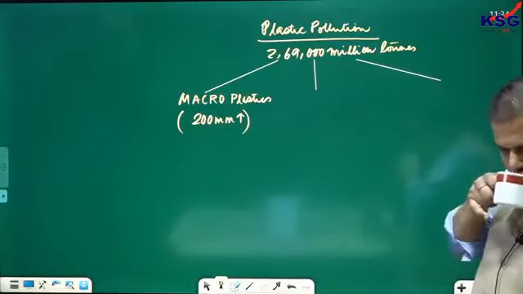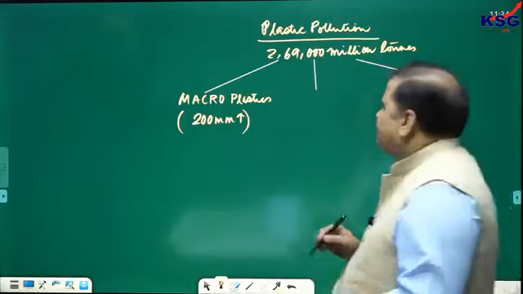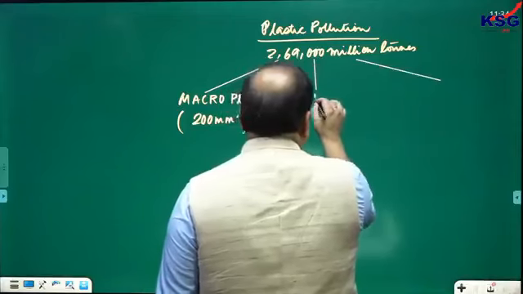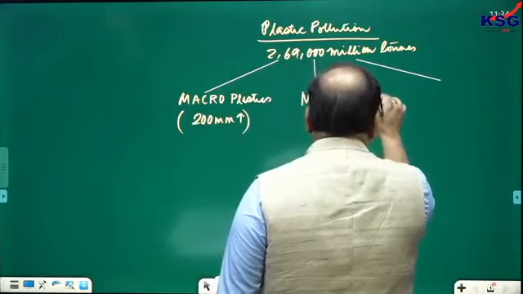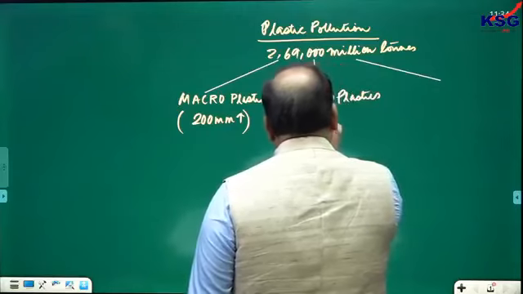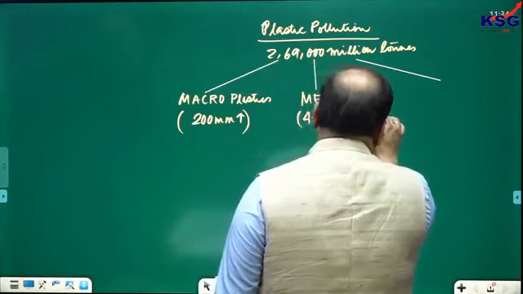Second, mesoplastic, which has a diameter between 4.75 to 200 mm.